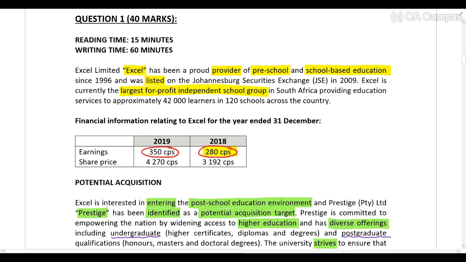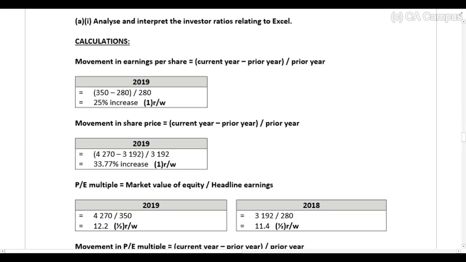So let's calculate the movement in earnings and the movement in the share price. So first, movement in earnings per share. Take the current year, subtract the prior year, divide by the prior year, and we can see that earnings per share has increased by 25% from the prior year to the current year.